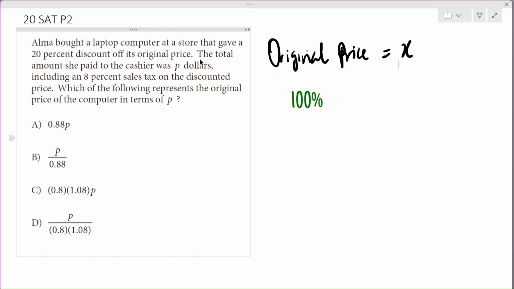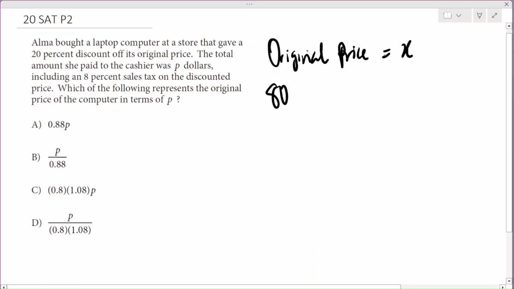So the price she's paying is 80% of the original price. That's 80% of X in this case.